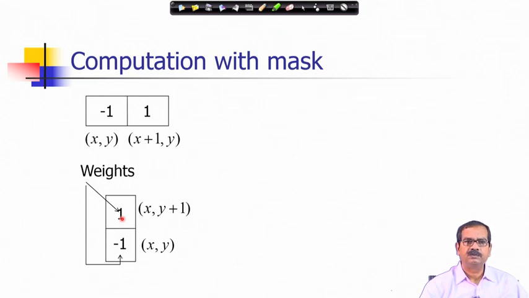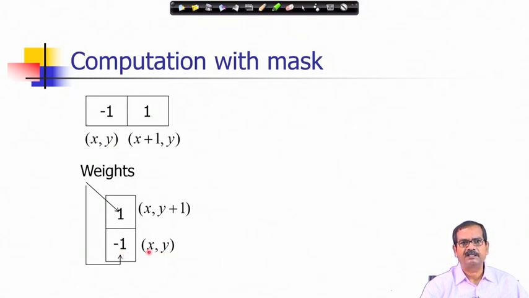What you need to do for computing the gradient along the vertical direction is place this mask at every pixel position. One of the points in the mask corresponds to the central pixel position, and that is shown here by this particular coordinate x y.